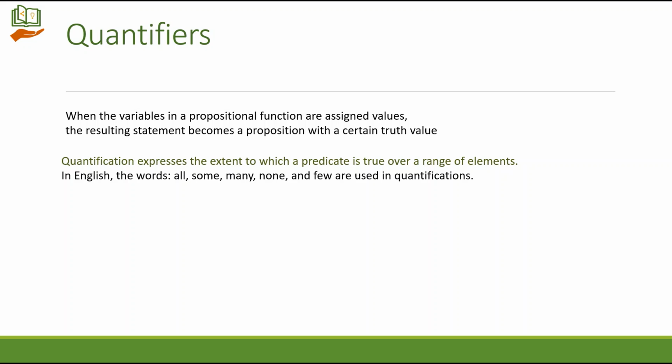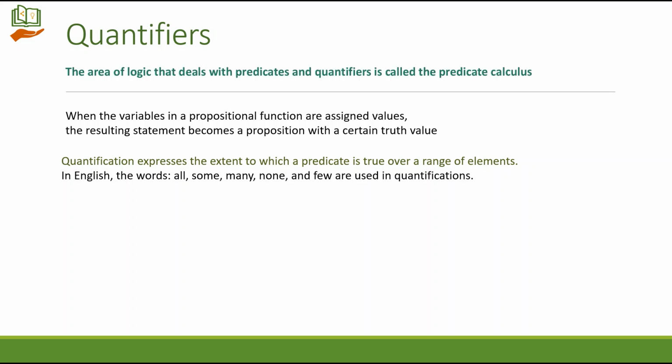In English, the words all values, some values, many of the values, none of the values, and we can even say few of the values are used in quantifications. This is with respect to English. The area of logic that deals with predicates and quantifiers is called predicate calculus or predicate logic.